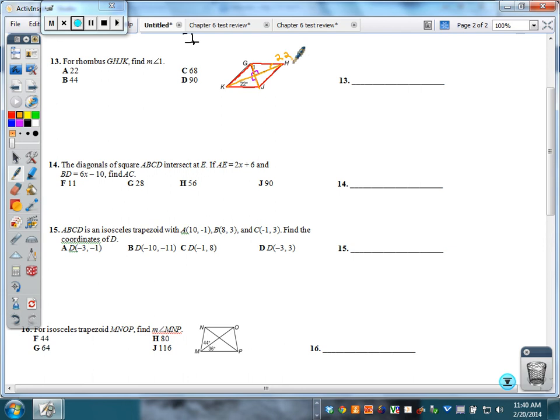Now that I know that, if this one equals 90 and this equals 22, I can add the 2 together, which is going to give me 112. The total angle sum of a triangle is 180. We subtract 112 from that, and we get 68.